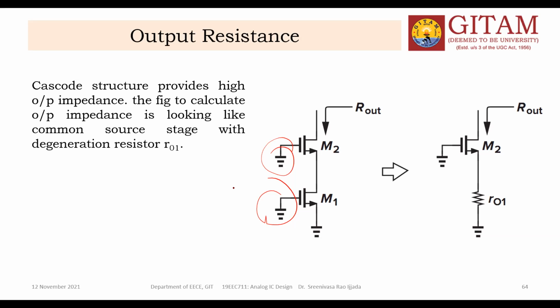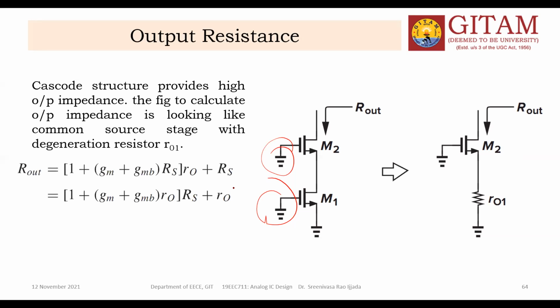We don't know the impedance across them, so we cannot replace them with their internal impedances. That is the main issue. So while calculating the output resistance of this type of circuit, you should be very careful how to find it.